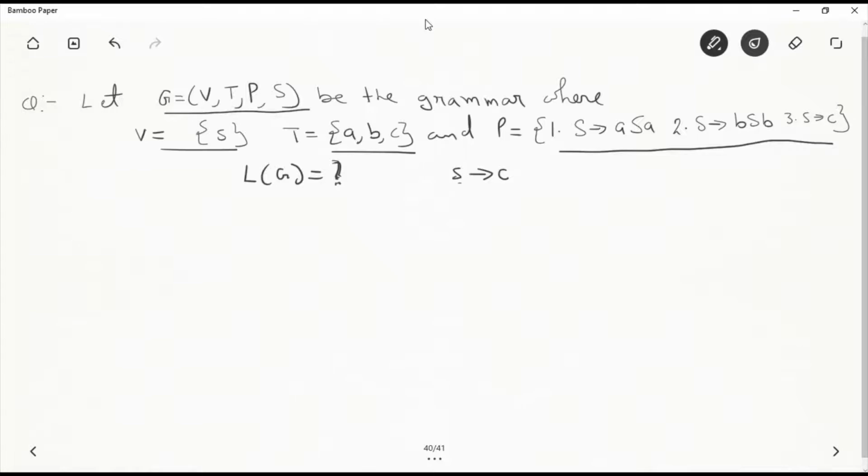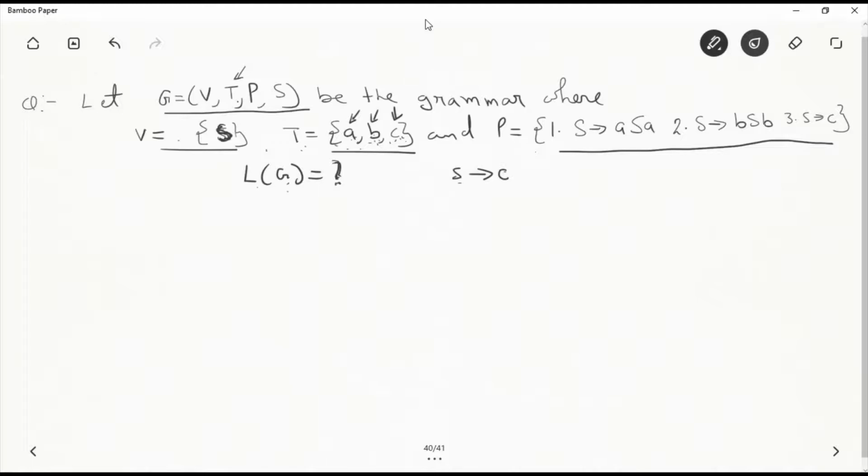No ideas? Okay. A string is going to be a combination of these three symbols A, B, and C, because we are talking about terminal symbols, the second tuple T. The variable set consists of only one non-terminal, this S. All such strings, that is zero or more combinations of A, B, and C, which are derivable from this S, are going to be part of the language generated by this grammar.